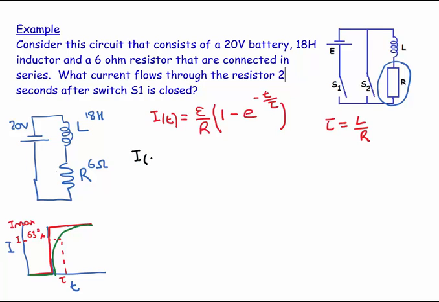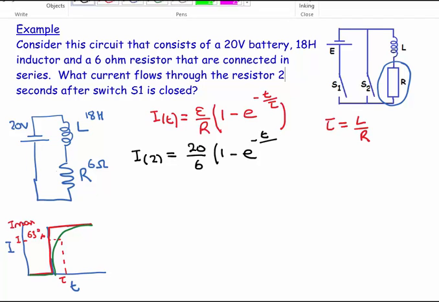My current at a time of 2 seconds is equal to my EMF, which is 20, over my resistance, which is 6, modified by 1 minus e to the minus the time over L over R. Let's just stick with numbers.